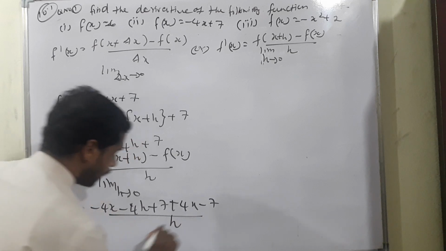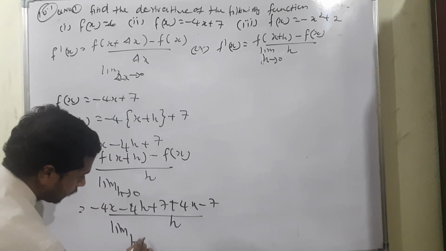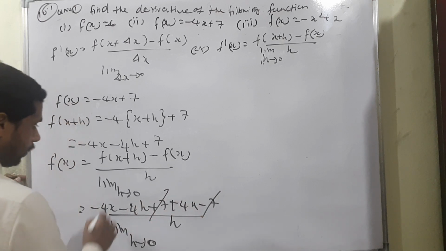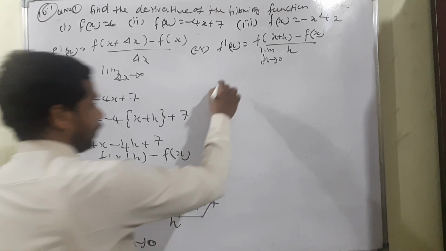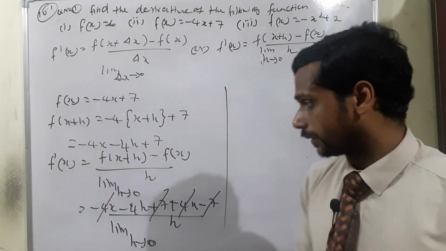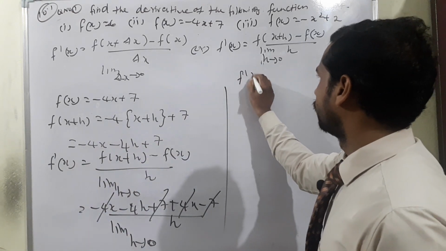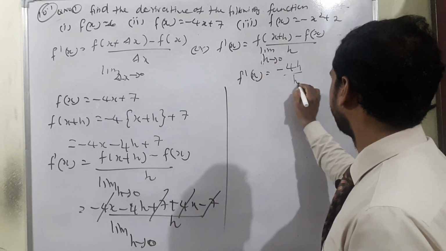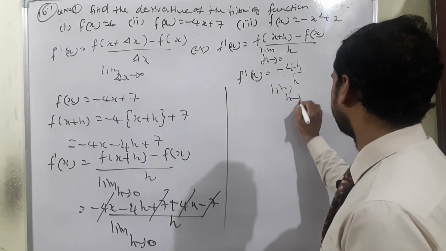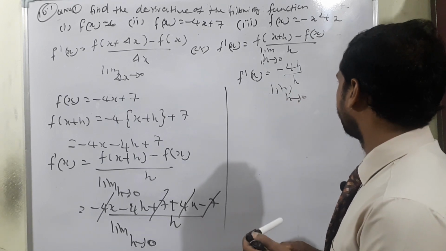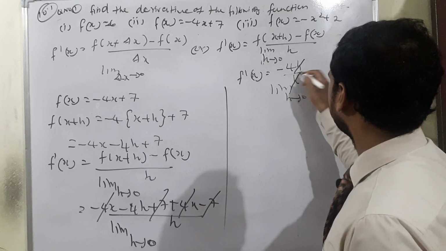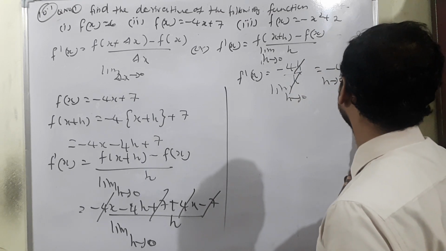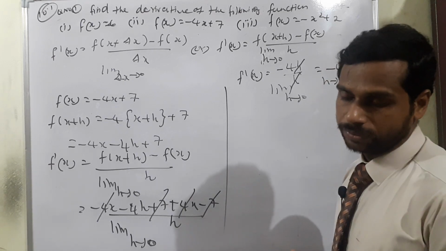The whole term is divided by h, where the limit consideration is h tends to 0. After cancellation of plus 7 minus 7 and minus 4x plus 4x, the balance is f dash of x equal to minus 4h divided by h, where h tends to 0. Directly h and h cancel, so the answer will be minus 4, because there is no h term.